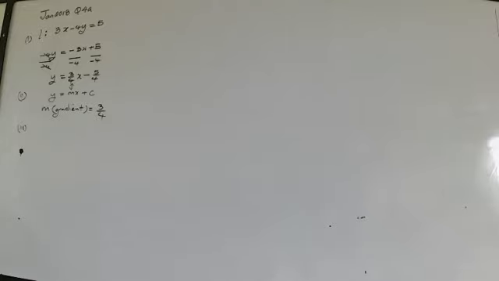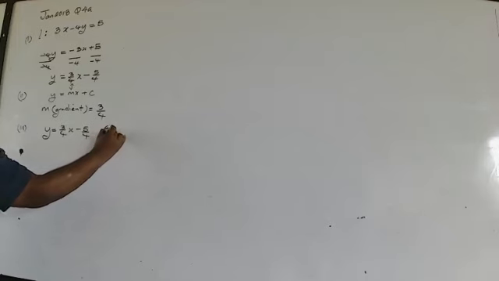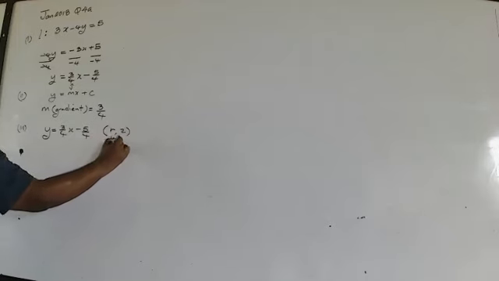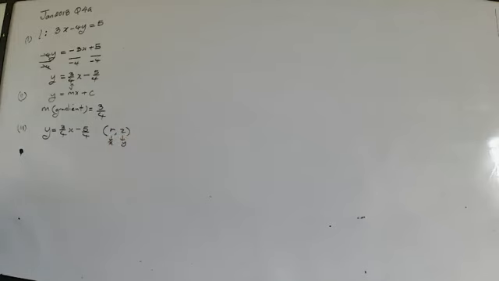This is y is equal to 3 over 4x minus 5 over 4. The point that lies on the line is R and 2. This is x and this is y. Do you agree? Yes, sir.